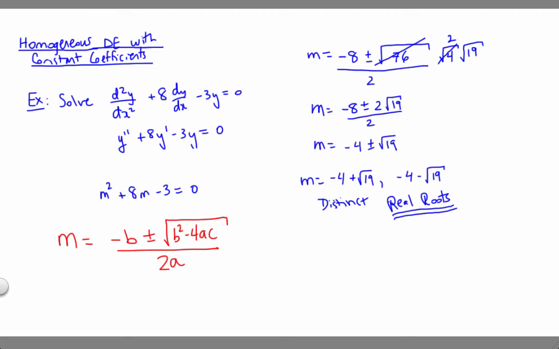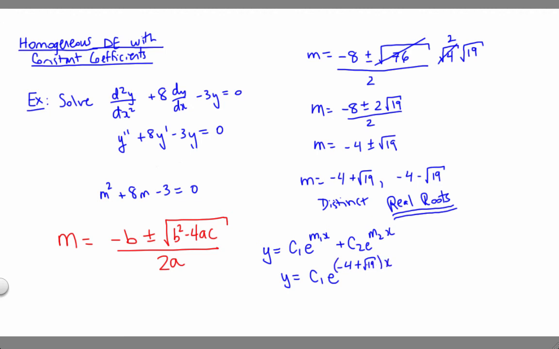All right, so let's go ahead and write down our general solution. So y is going to have the form c1 e to the m1x plus c2 e to the m2x, where m1 and m2 are these roots, and let's plug in. y is going to be c1 e to the minus 4 plus root 19, and that's all going to be multiplied by x.